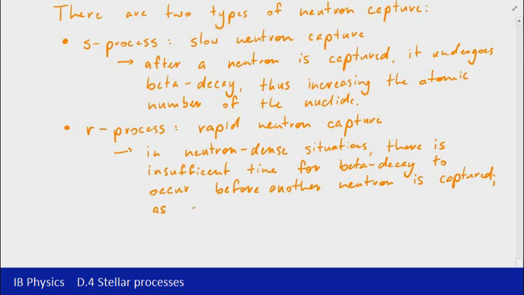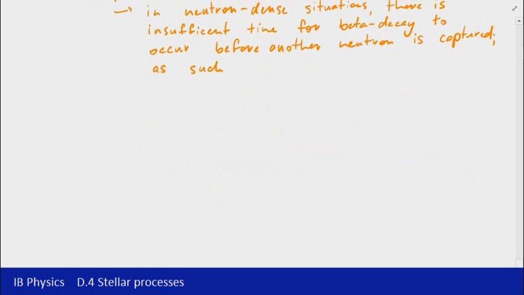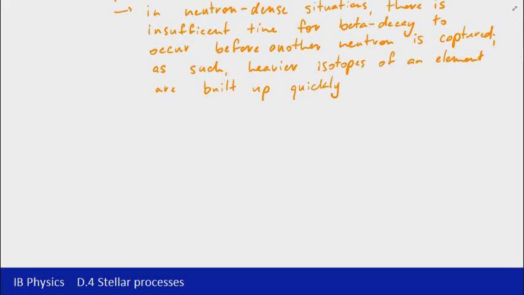So as such, heavier isotopes, with far more neutrons present, but it's still the same element, and they are going to be built up fairly quickly. When we're talking quickly here, keep in mind this is all relative, so the S process is not necessarily slow on the scale of the universe. We're talking just in terms of the life cycle of stars, so it could still be years kind of thing.